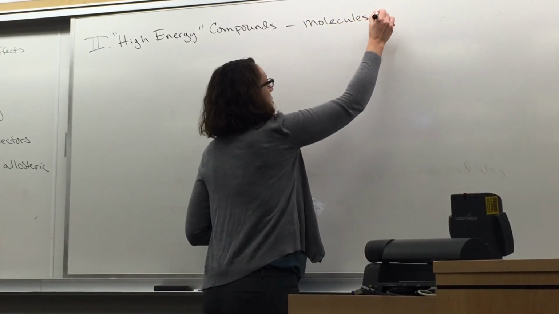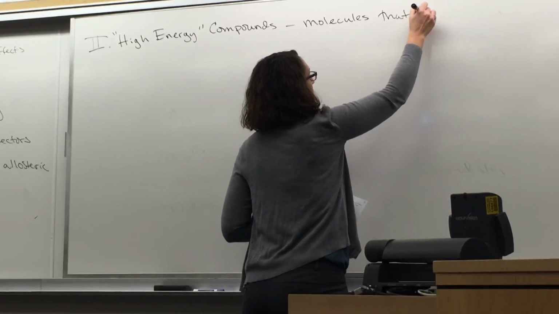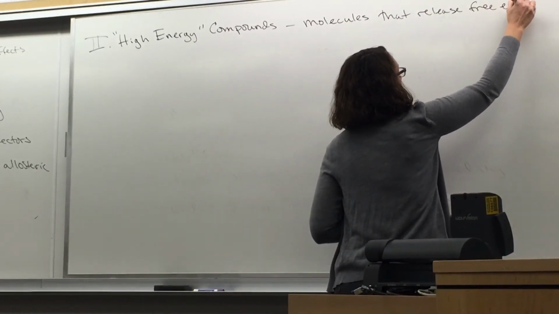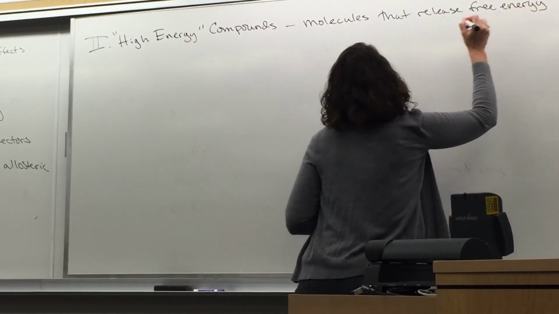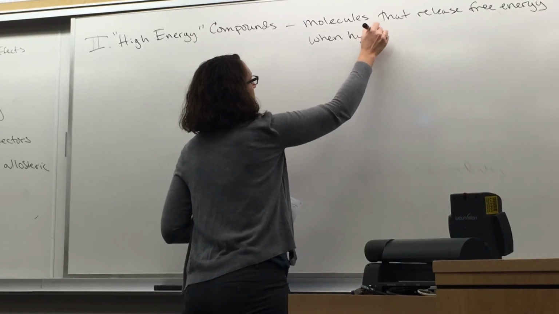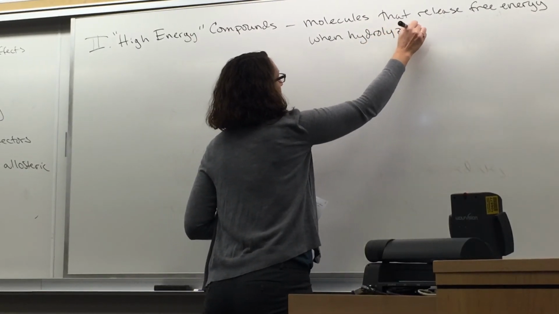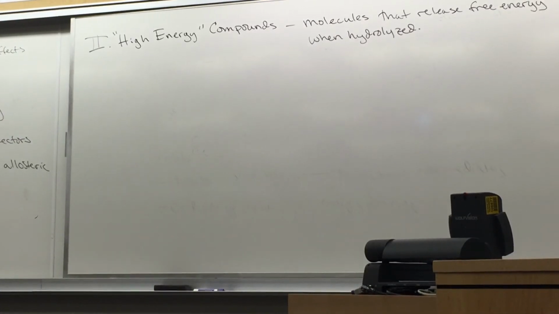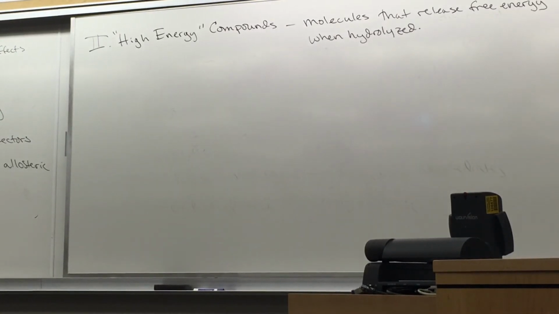So in a nutshell, these are molecules that release free energy when hydrolyzed. So of course, we're going to talk about ATP. That is our darling, right? But ATP is not the most high energy compound we're going to deal with.